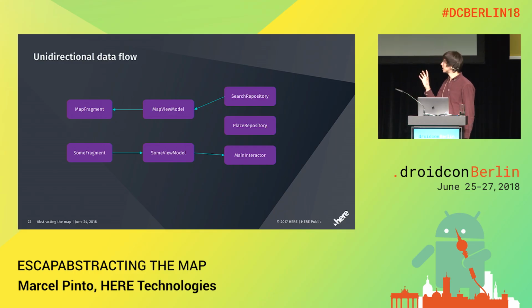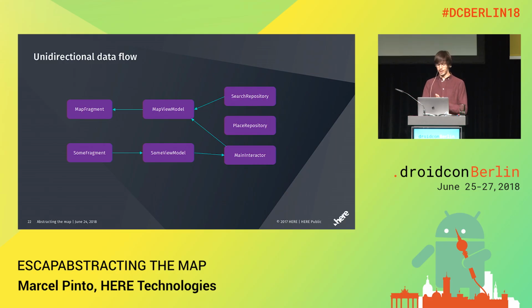This component basically helps with the communication between different view models. So our fragment will tell the view model, hey, there's a button press, this will go to the interactor, and finally it will go to the map view model, where we'll apply the logic according to the new state. And that, of course, will then change the map, for example.